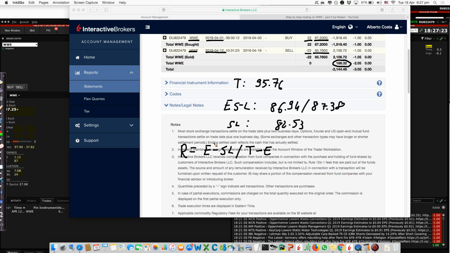And remember, we have here also the commissions, and the total is $2.05. That is really low. So for this computation, commission will not make a big difference. That's one of the advantages of using a broker like Interactive Brokers. Other brokers may charge you a lot of money, so in order to be profitable, you need a lot of capital.